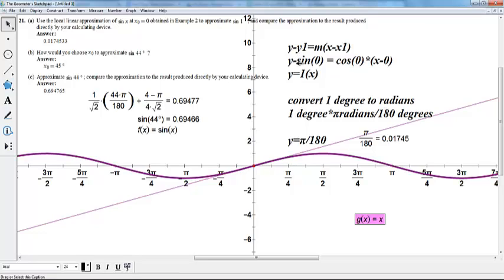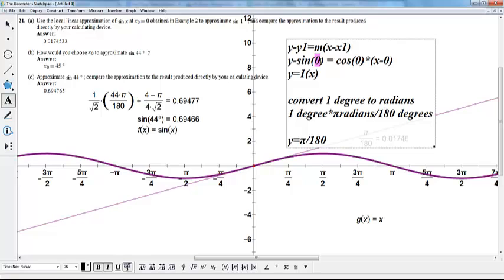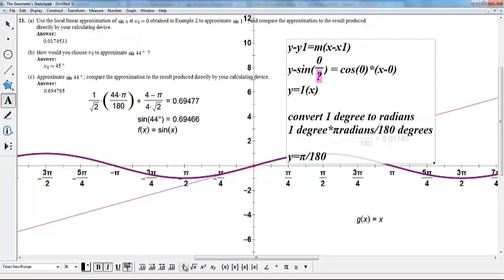So we're going to do the exact same steps that we did here, except we're going to change a few of these things. We're still going to use y minus y1 equals m times x minus x1, but this time we're going to have y minus the sine of pi over 4, because we're using that as an approximation, because we know what that is.